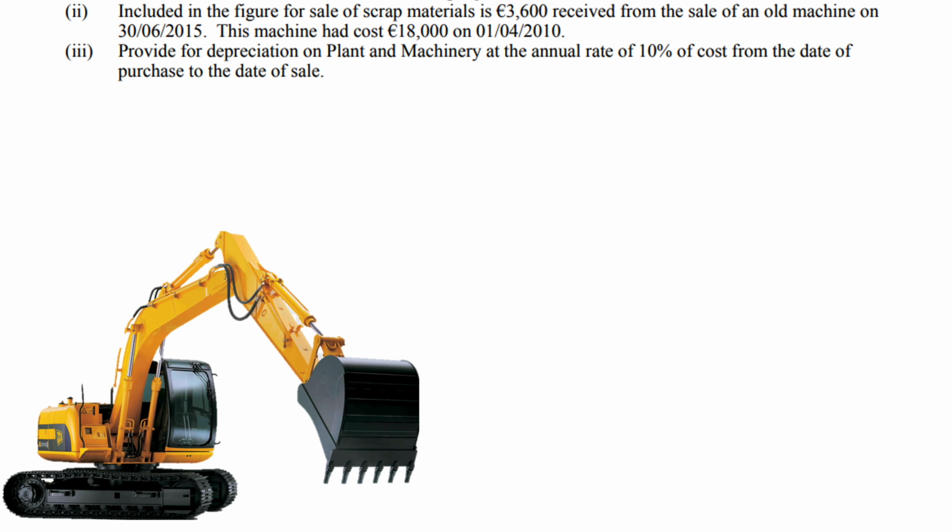Okay, so you need to look at adjustment number 3 as well in order to totally complete this question. So it says provide for depreciation on plant and machinery at the annual rate of 10% of cost from the date of purchase to the date of sale. So in some years that would just be one adjustment, but they've put it into 2 adjustments here. But it's the same amount of work that needs to be done.